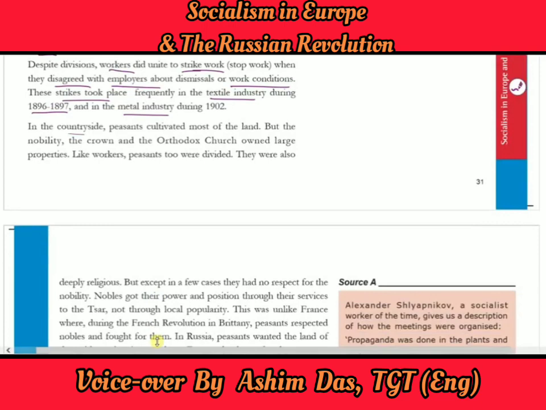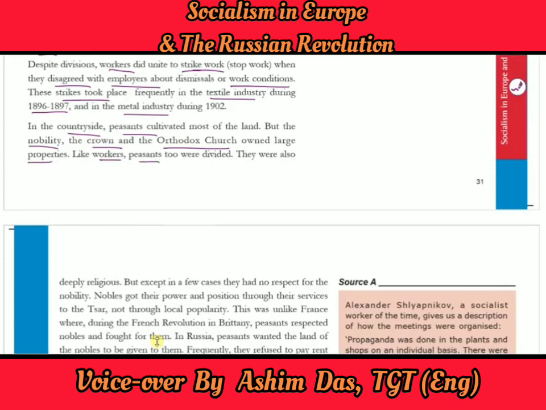In the countryside, that means in the village areas, peasants cultivated most of the land. But the nobility, the aristocrats, the crown, meaning the king and the king's family, and the Orthodox church, the priests and clergymen, owned large properties. Like workers, peasants were also divided on the basis of different status.